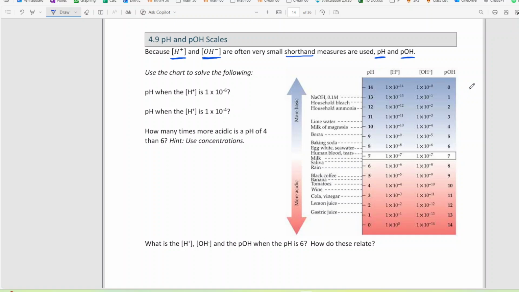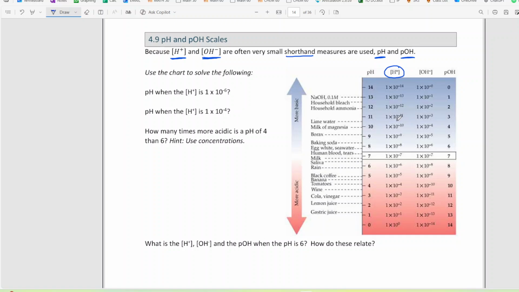Now, for those of you who are taking Math 12 or have taken Math 12, this is a logarithmic relationship because my concentrations are all base 10. So if you look at these concentrations of hydrogen, and it's not like these are the only concentrations of hydrogen, these are just the ones that end up nicely. But we've got 1 times 10 to the negative 14, 1 times 10 to the negative 13, and so on.